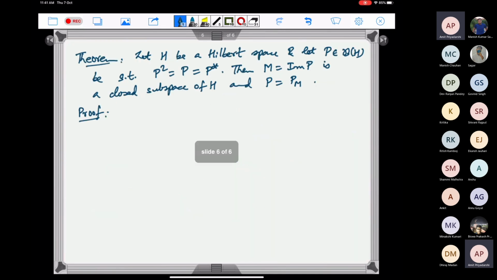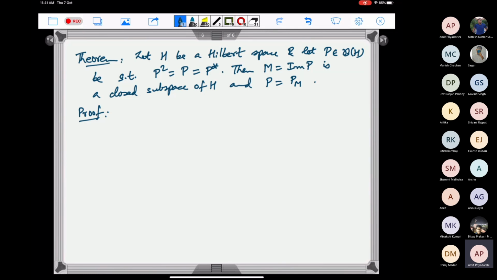Here we are saying that if you have any operator on a Hilbert space which is self-adjoint and idempotent, then it is the orthogonal projection operator only.